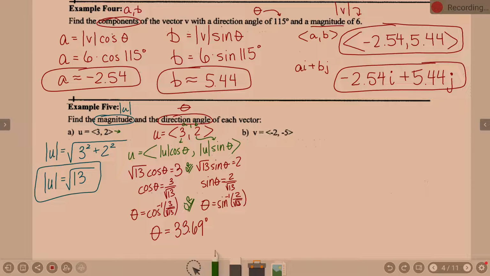That puts us in quadrant 1, correct? What about 33.69 degrees? Quadrant 1? Does it match? Yeah. Okay, so we're good here. 33.69 degrees, legitimate answer. They both came up the same. We're good. But you always want to check that.